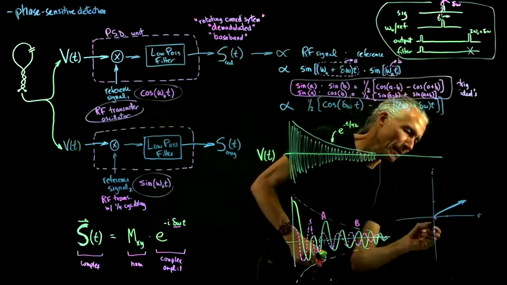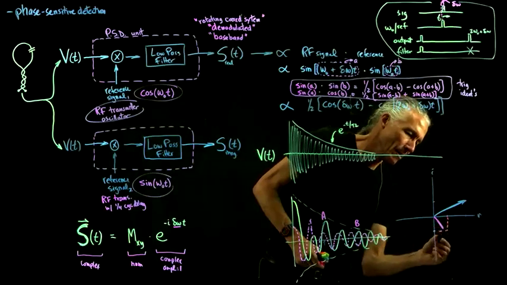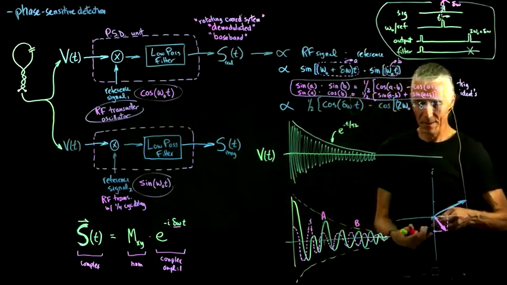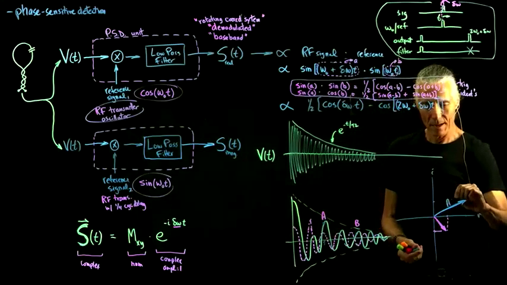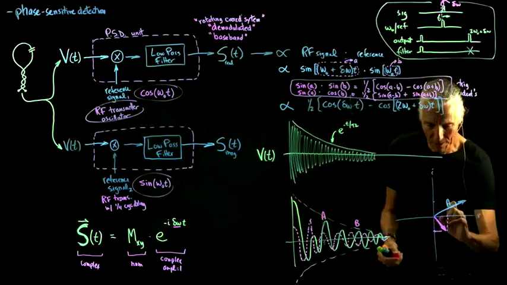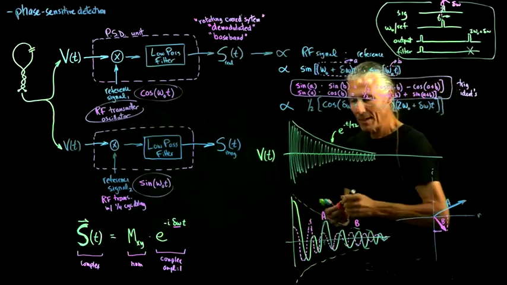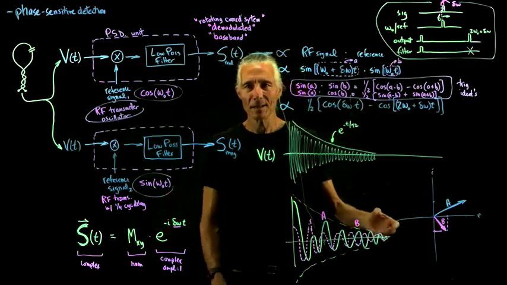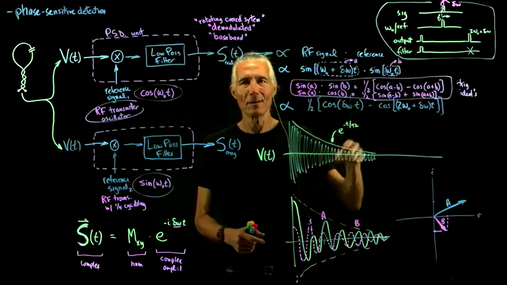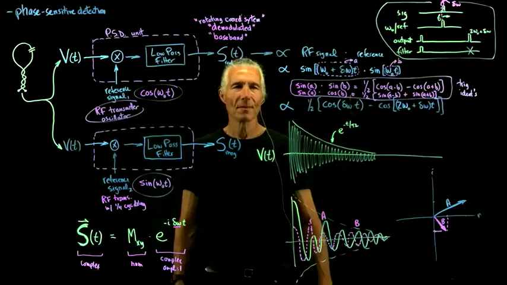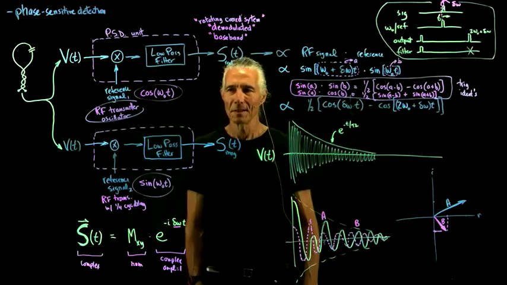So that guy looks like that. This guy is A. This guy is B. So it's a dynamic signal, constantly changing over time, but the rate of change is a lot less than the rate of change of the very rapidly oscillating signal.